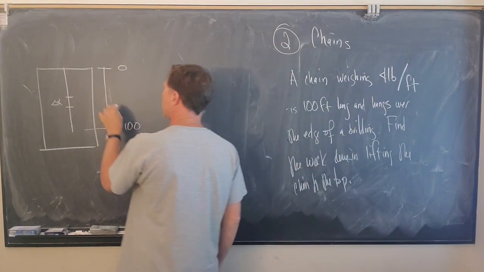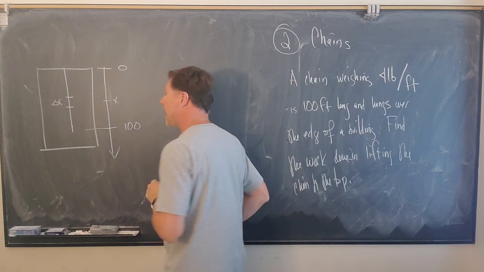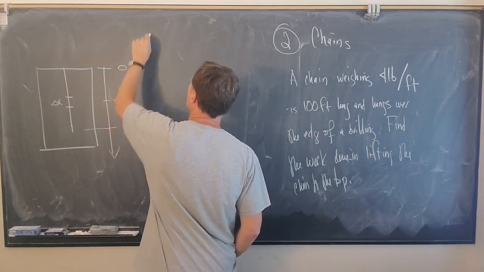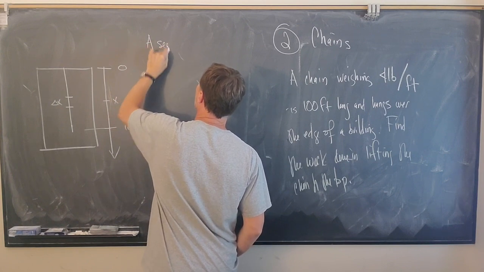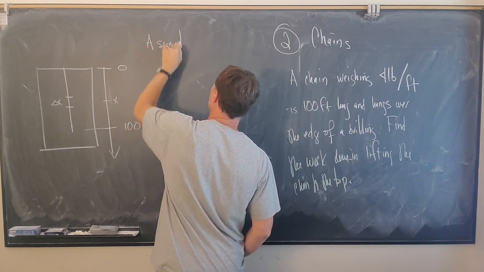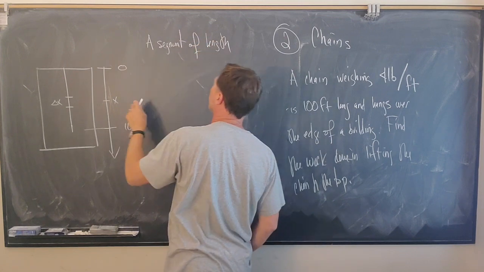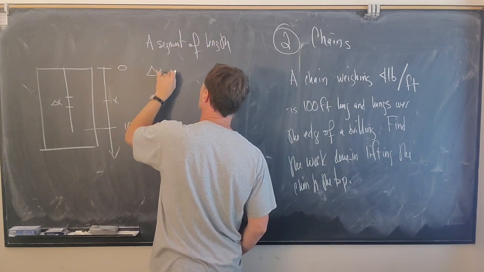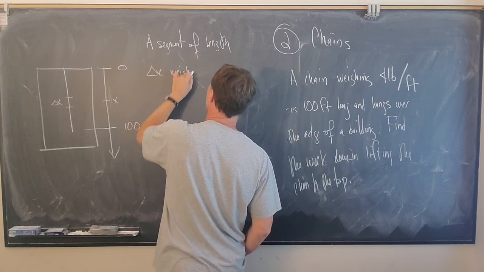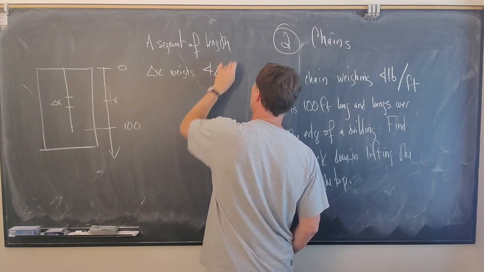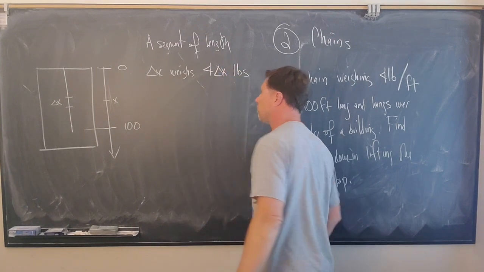So if we have a segment at position x, here's the idea. A segment of length delta x weighs 4 delta x pounds.